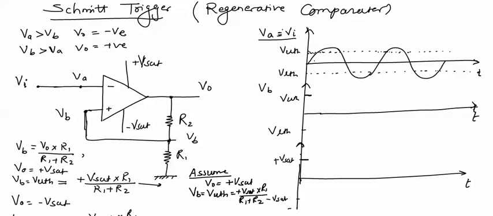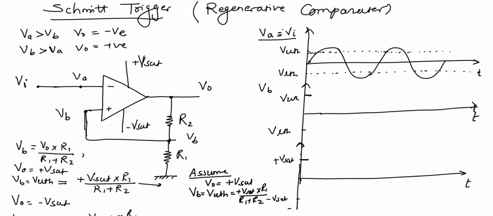Now we will compare the input voltage with this VB value, that is VUTH. Assume that there is no VLTH here in this graph, there is only VUTH. Now if we have Vi at this point, we can compare these two voltages. If Vi is here, then VUTH is clearly greater than this Vi voltage, and for this point the output is plus Vsat, meaning our assumption is correct.